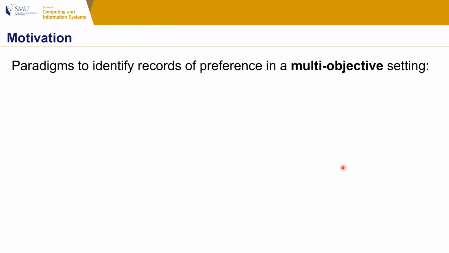When it comes to identifying records of preference in situations where multiple objectives are to be served, meaning that these records have multiple attributes that we have to define our preference on, there are two common paradigms used for that task.